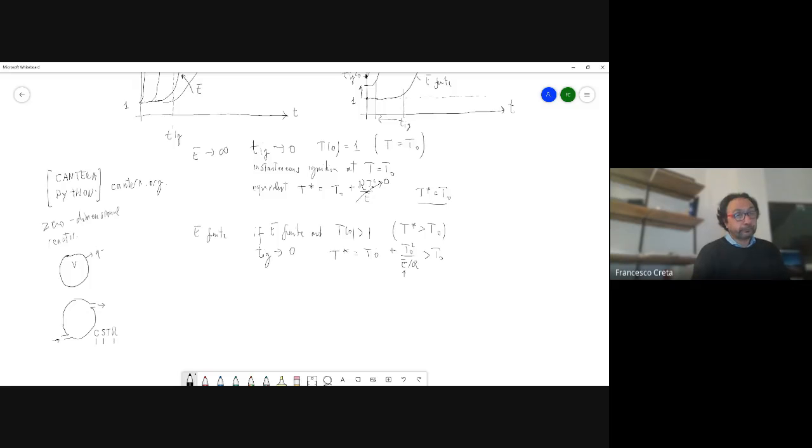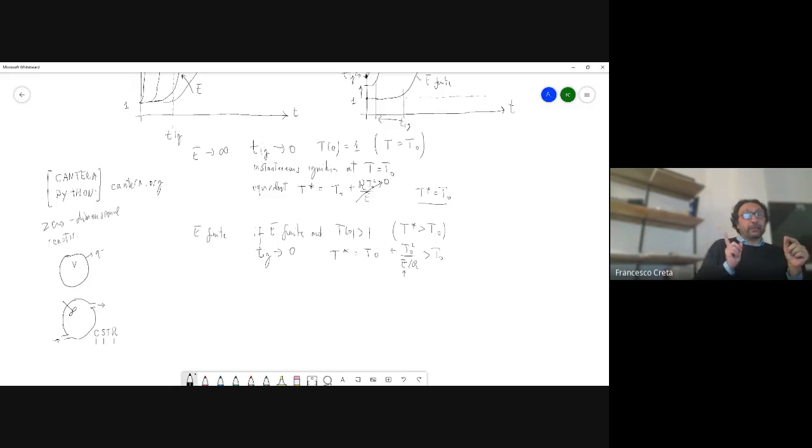Well, stirred meaning it's perfectly mixed. So you have like a mixer here that continuously stirs the mixture, so you don't have gradients of concentration. It's always a homogeneous mixture. But the nice thing is that you can feed it with a certain mass flow of reactant.